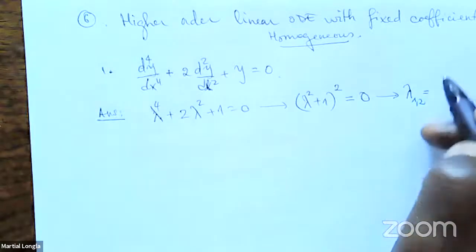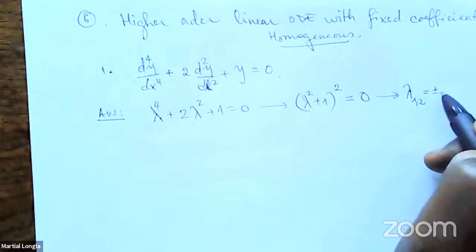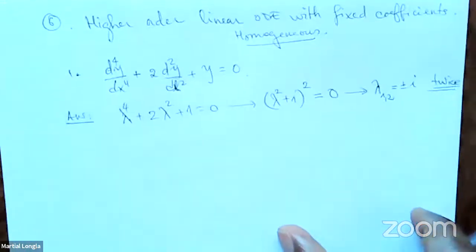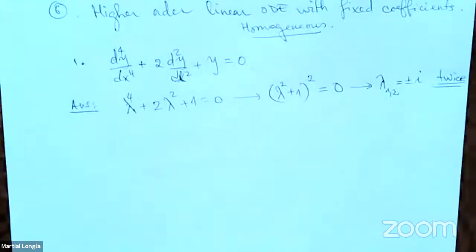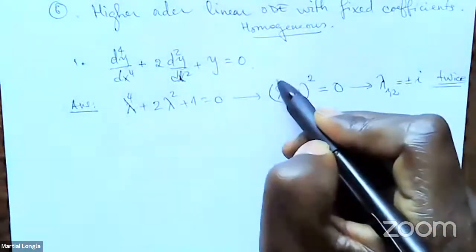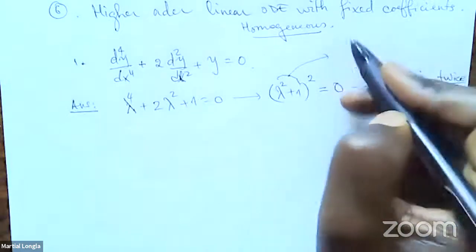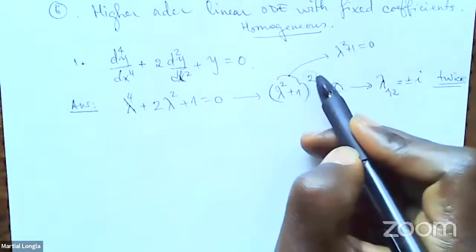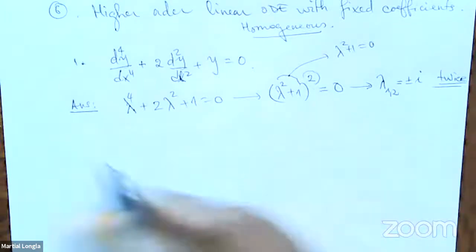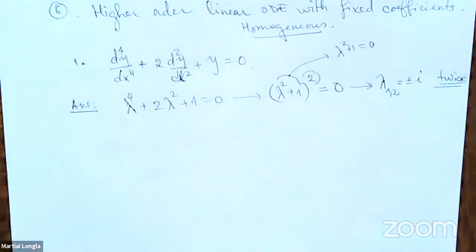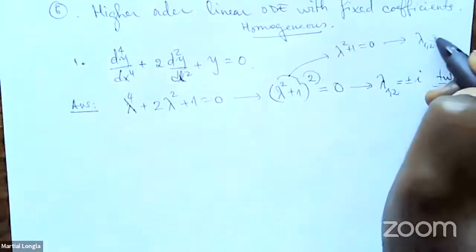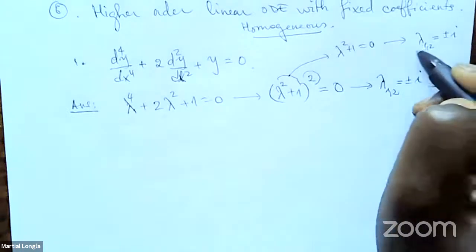Lambda 1, 2 is plus minus i, and it's repeated because of the square that you have there. Lambda squared plus 1 equals 0 gives you lambda 1, 2 equals plus minus i.